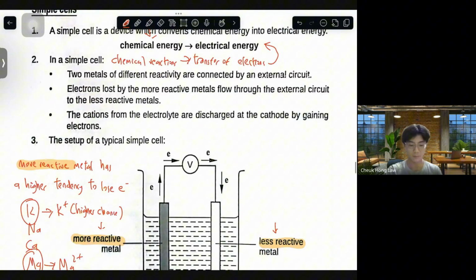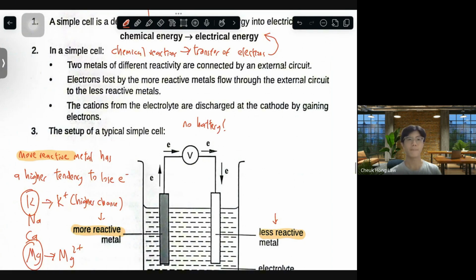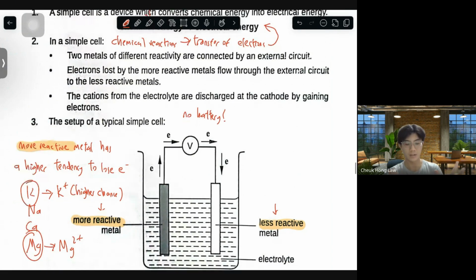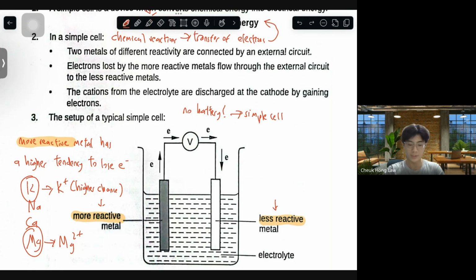Simple cells have no battery. So if you see a cell with no battery, immediately I know it is a simple cell. Usually they put either nothing or a voltmeter. Your voltmeter is to measure the potential difference.